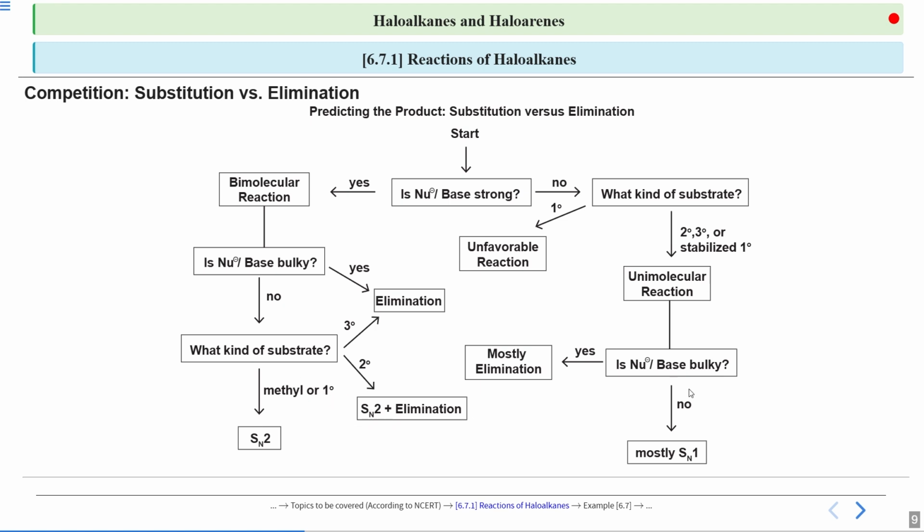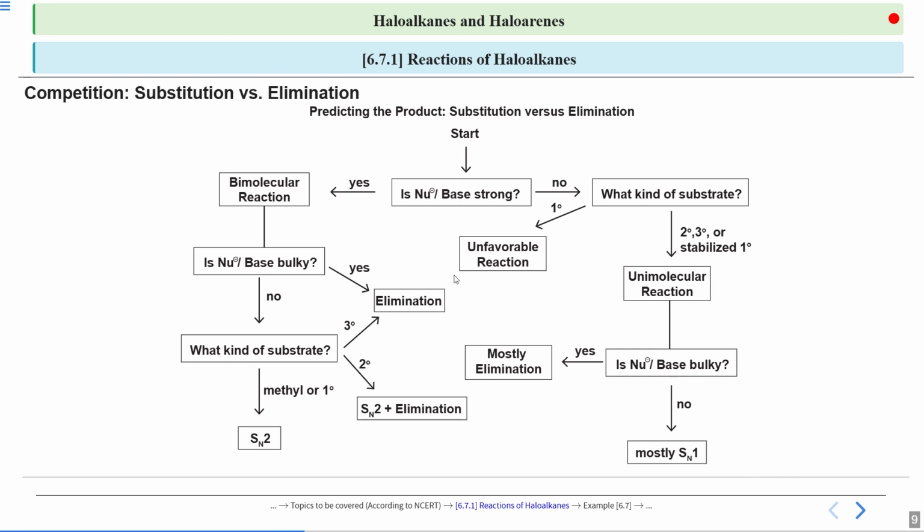Okay. Now, if you talk about the SN1, it will be favored by, first of all, weak nucleophiles or weak bases, and the substrate is secondary or tertiary. Okay, or sometimes an allylic or benzylic, stabilized primary substrate is also going to show you the SN1 mechanism, the substitution reaction.